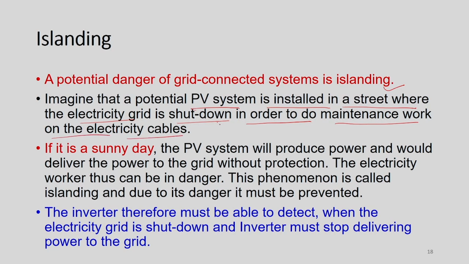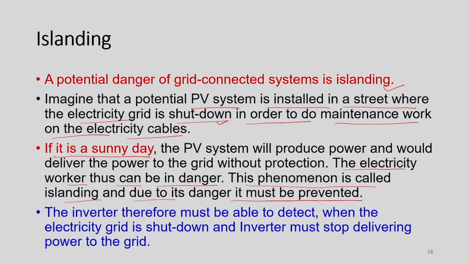That has to be shut down because no maintenance work can be carried out on live cables. If it is a sunny day, solar radiation is received by the PV modules, the PV system will produce power and would deliver the power to the grid without protection. The electricity worker thus can be in danger. This phenomenon is called islanding, and due to its danger it must be prevented.